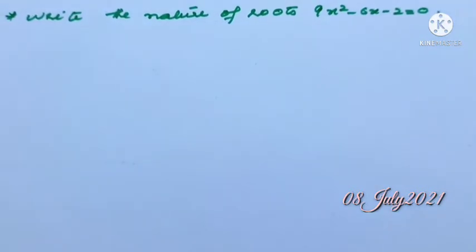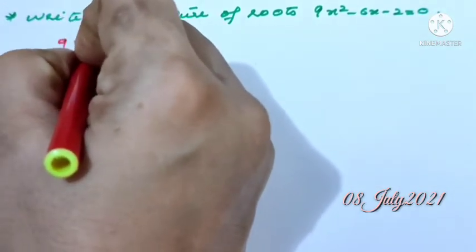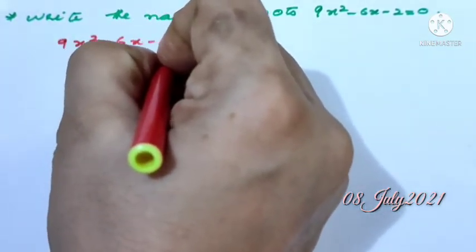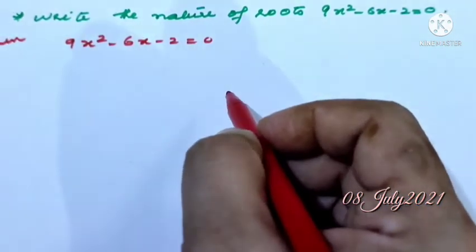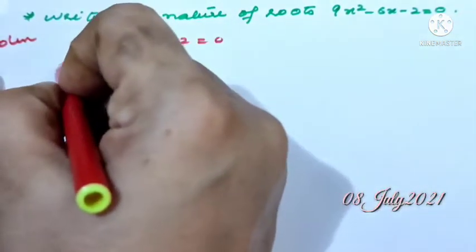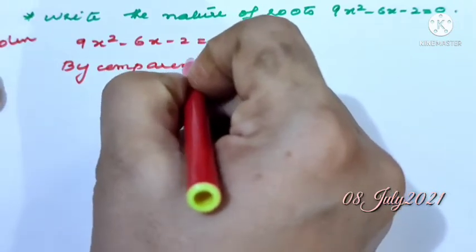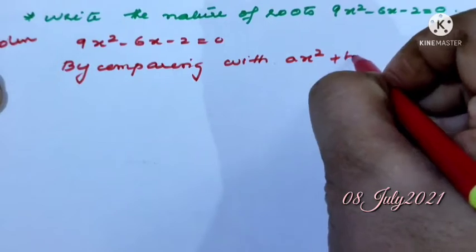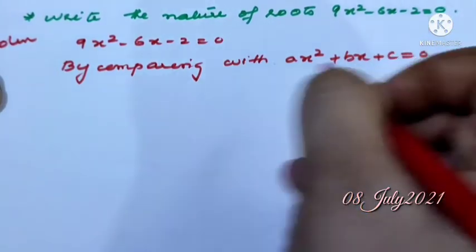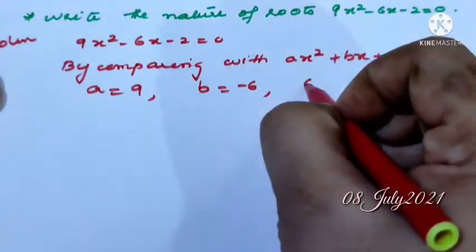One more question, same pattern. Write the nature of the roots of 9x square minus 6x minus 2 equal to 0. So I'll write down the question. Solution: by comparing with ax square plus bx plus c equal to 0, a equal to 9, b equal to minus 6 and c equal to minus 2.